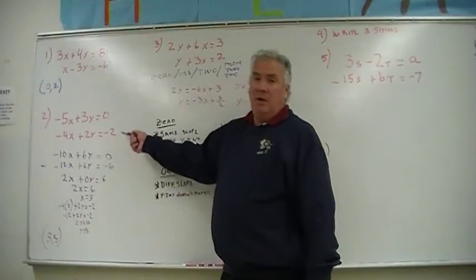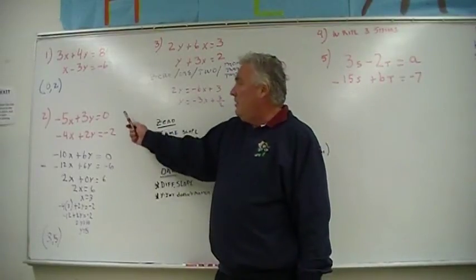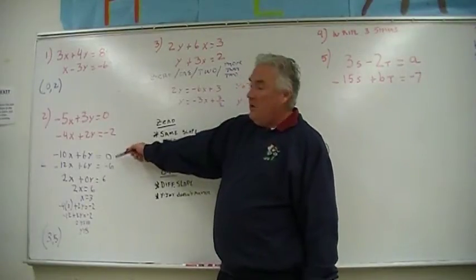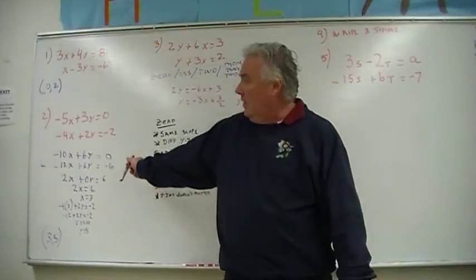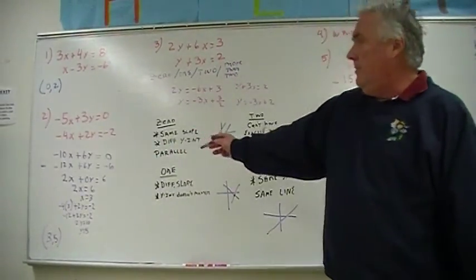Number two is similar. If you're good with the calculator and RREF, you could punch that in as a matrix. But I also did the work out here for people doing elimination.